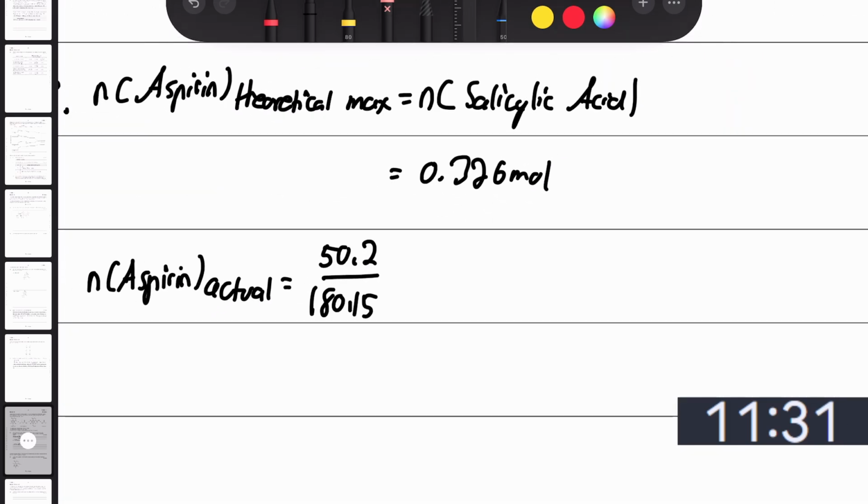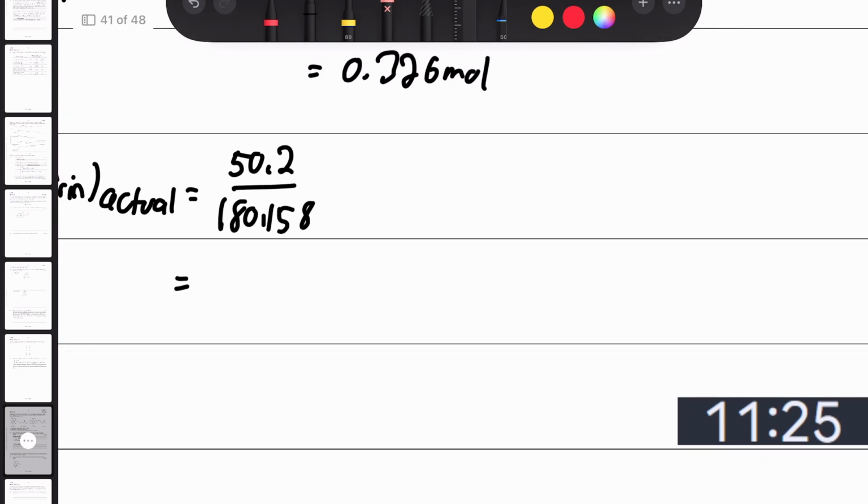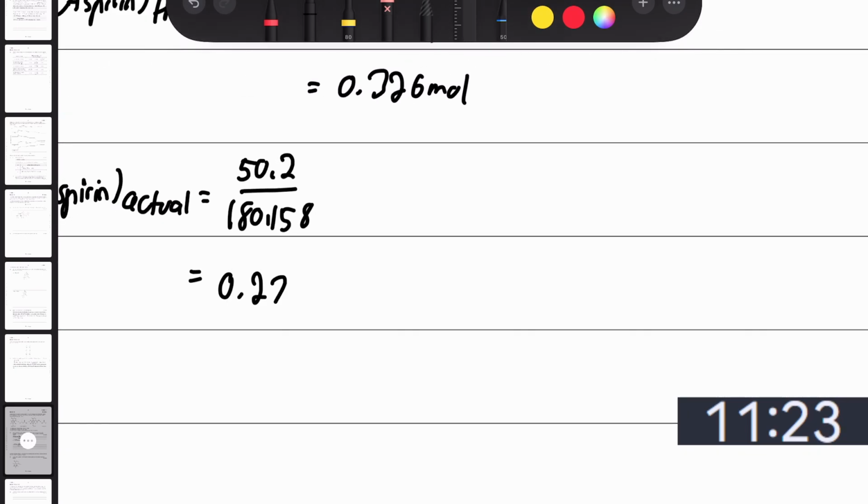I feel like I've seen 180.158 before. 50.2 divided by 180.158 is 0.279 moles.